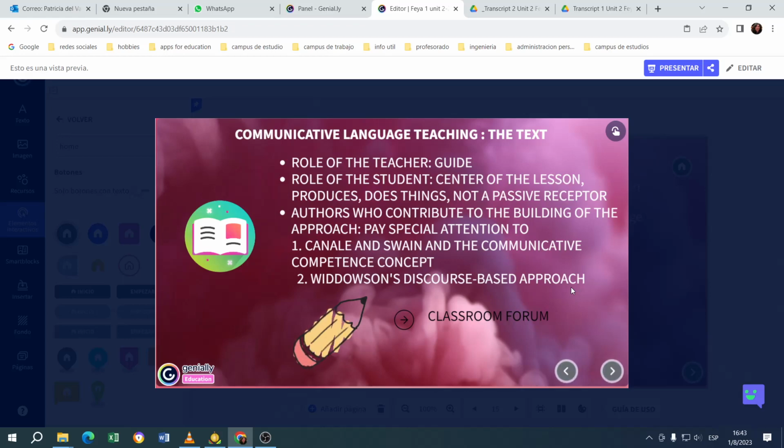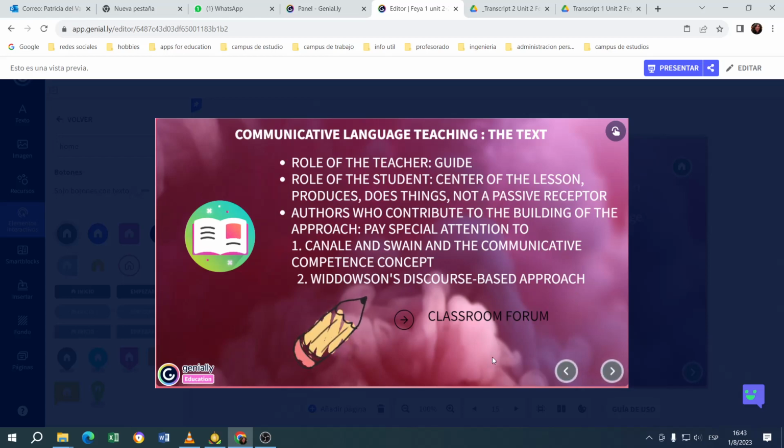Text that is produced by someone in particular with characteristics that are defined by this person in a particular situation with a particular purpose. So this is a key concept in language teaching because we are going to plan lessons around discourse, around text, not sentences. Okay?